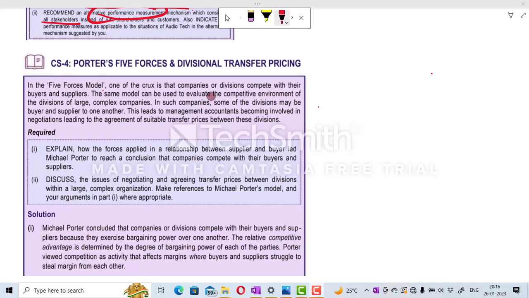So the fourth case study is on Porter's 5 forces model and divisional transfer pricing. Coming to that, in the 5 forces model, one of the crux is that companies or divisions compete with buyers and sellers. What they are telling is, companies will have competition with their buyers and suppliers.